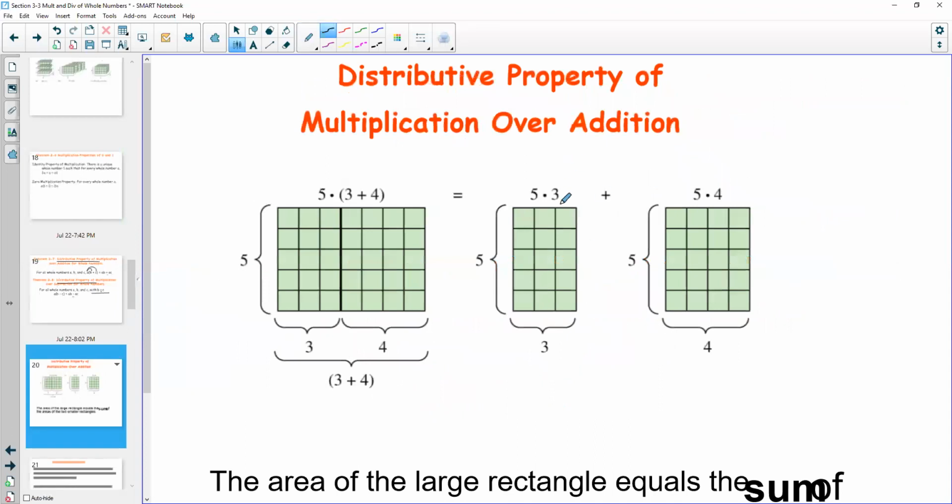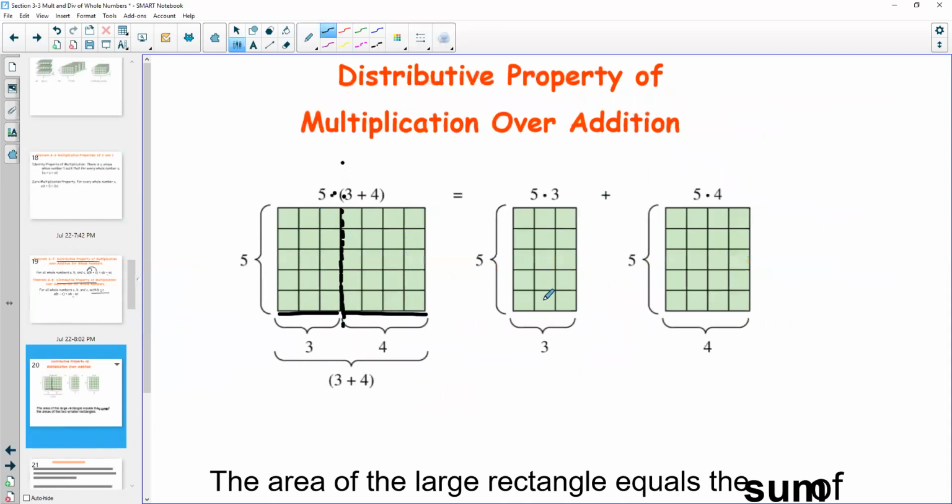So this is just a picture of the distributive property. This is 5. So here's my 3 plus 4 here. And this is 3 plus 4 together. And this is 5 rows of 3 plus 4, which is 7. But I can take them apart. I can cut it here, right down the middle. Take my scissors.